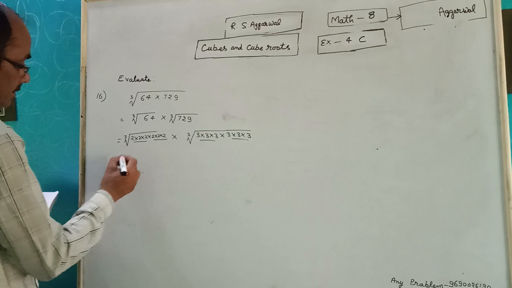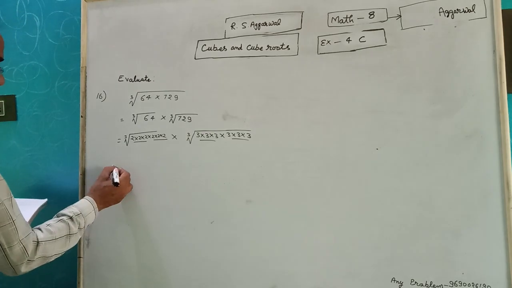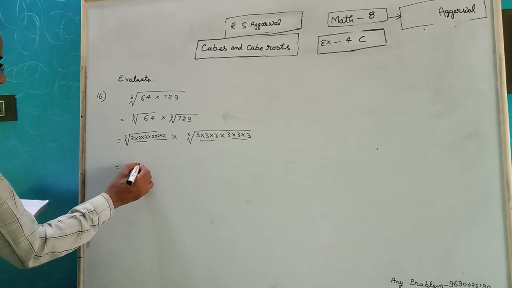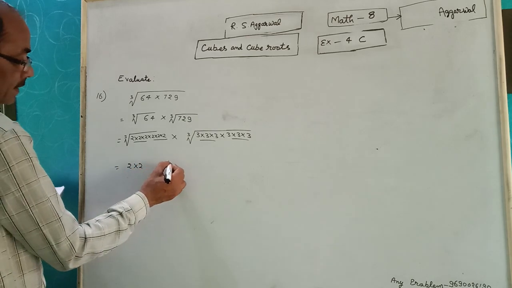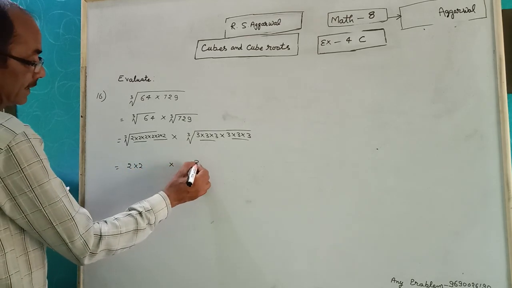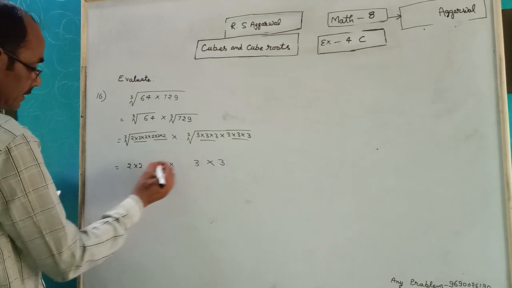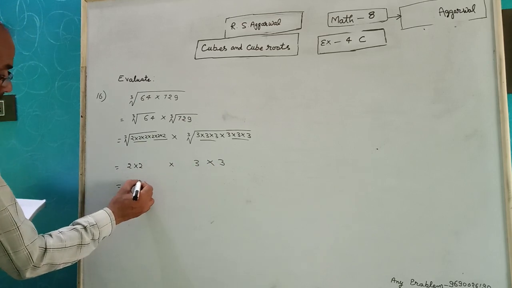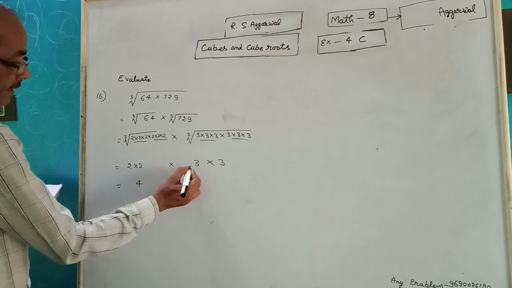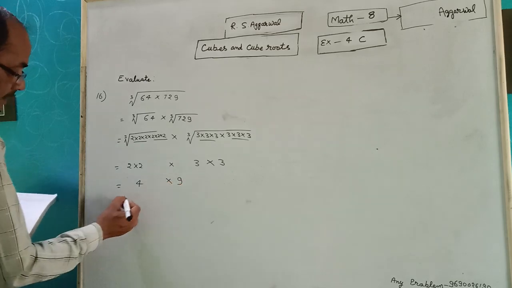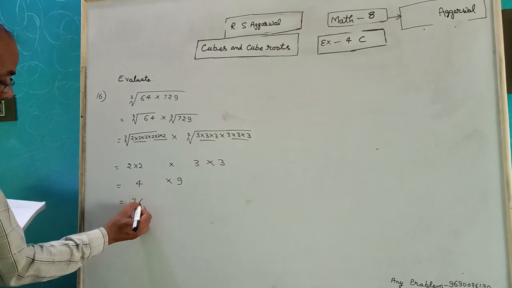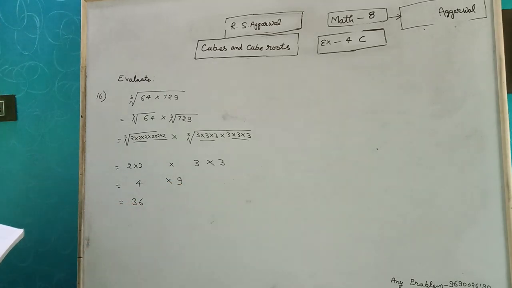Make the pair. 2 into 2. Multiply 3 into 3. 2 2 is 4 and 3 3 is 9. After multiply 36.